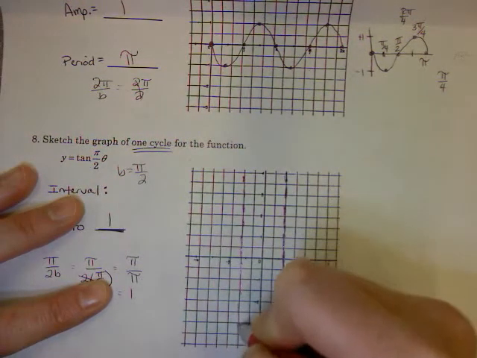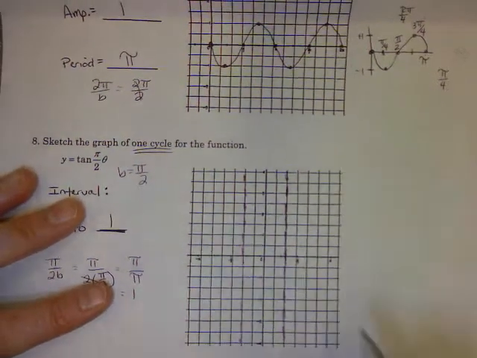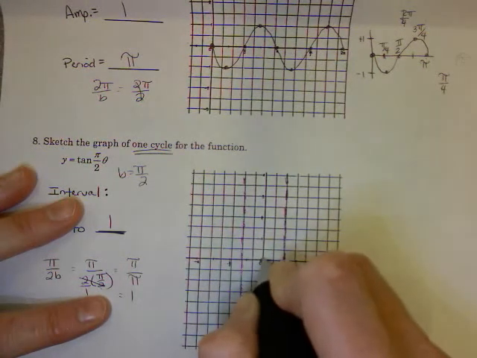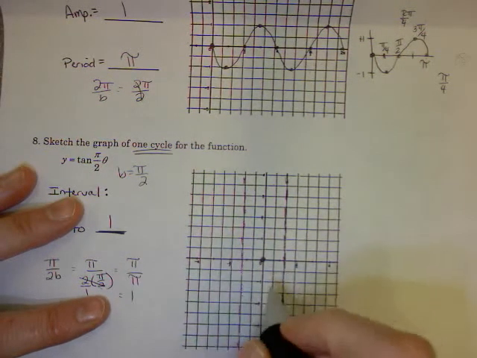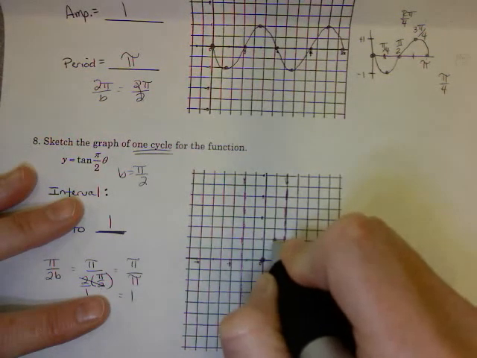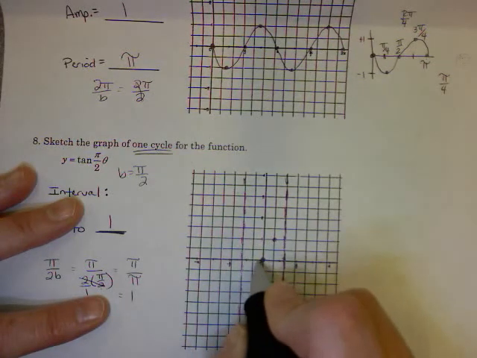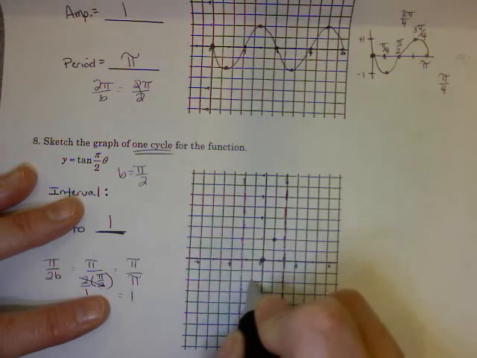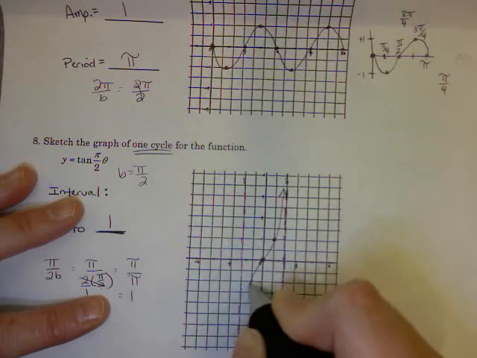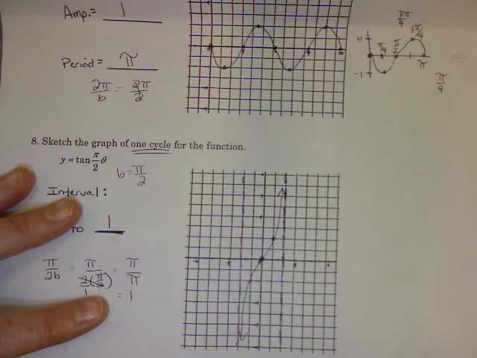Those are your asymptotes. Now we go right to the middle between those two asymptotes and put a point. Halfway between 0 and 1 is a half, we'll go up to +1. And halfway between -1 and 0 is -1/2. And then we just approach our asymptotes but never hit them. And there's one cycle of our graph.